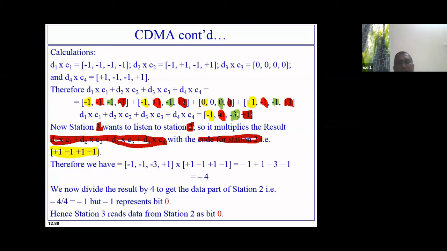So this result, minus 1, minus 1, minus 3, plus 1, is taken like this. So here I'll be getting the multiplication: minus 1 multiplied by plus 1, so I'll be getting minus 1. Then this minus 1 multiplied.